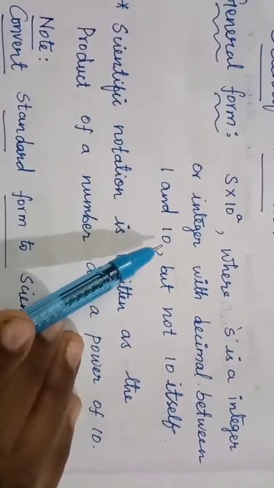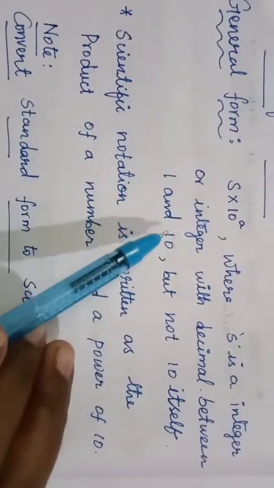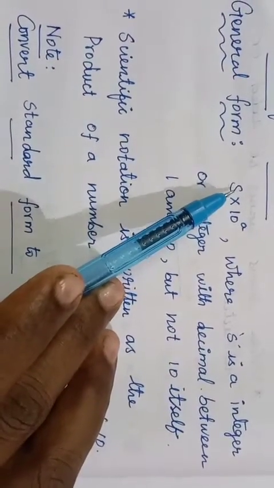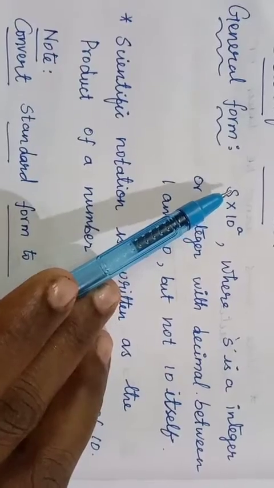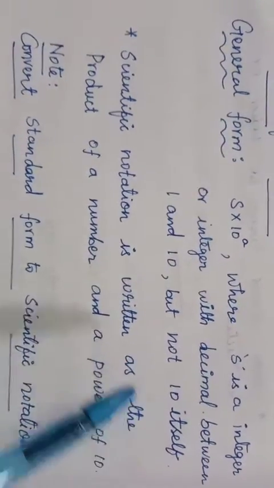So it is not more than 10, but not 10 itself. That means the values between 1 to 9, but not 10 itself.